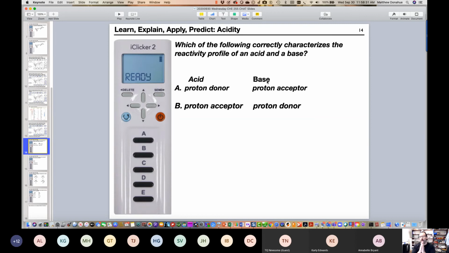That is, according to the rules of American football, the vector of how things have to go. The quarterback has to throw the football to the receiver. The base has to abstract the hydrogen from the acid. And we're going to show you the drawing convention of how the electrons move to accomplish that.